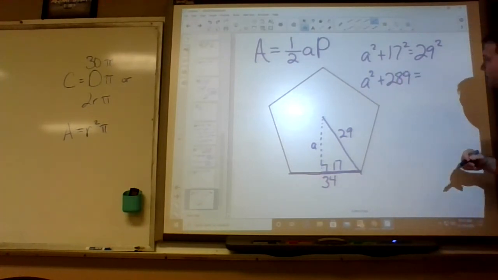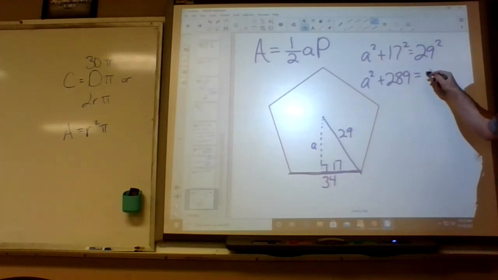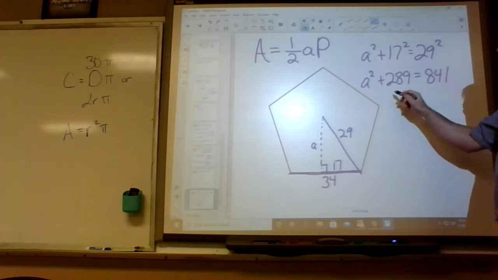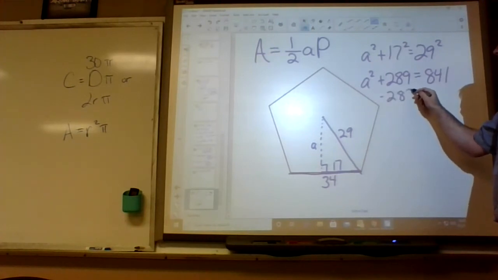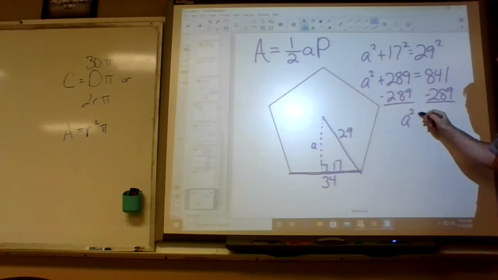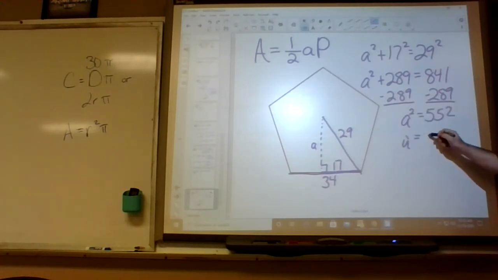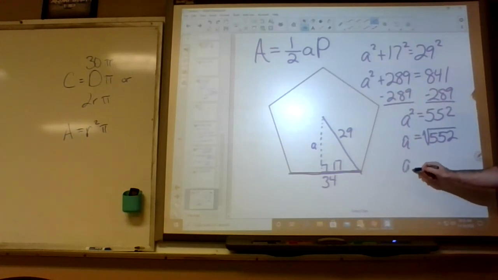What's 29 squared? And that's 841. And then you subtract. And then the square root of 552. Let's go ahead and plug that in and see what we get. We'll do the decimal. 23.5. Okay, 23.5.